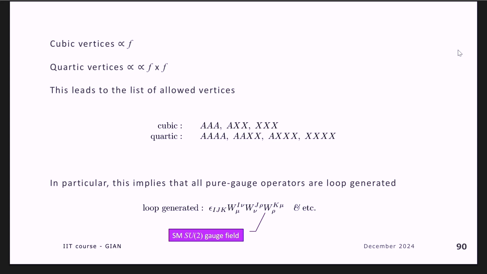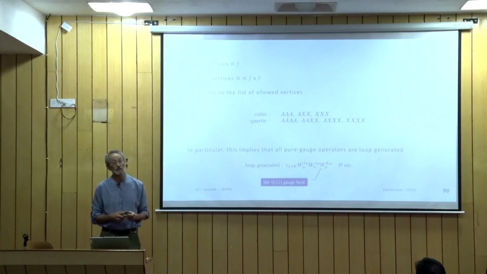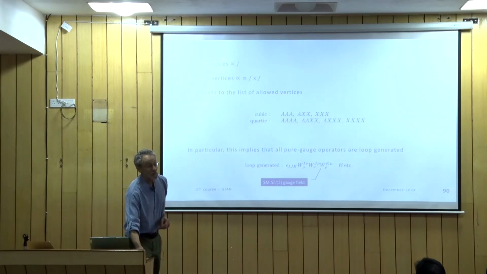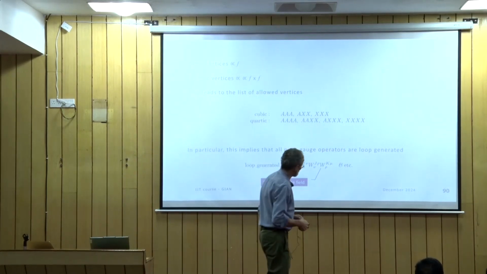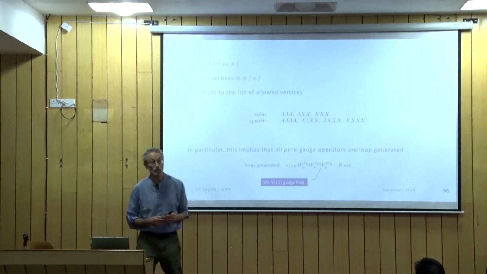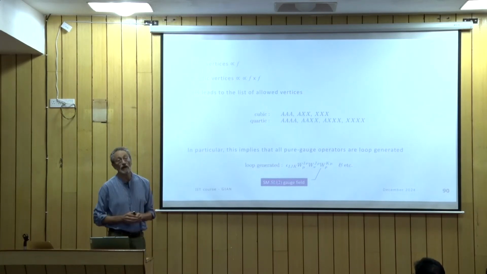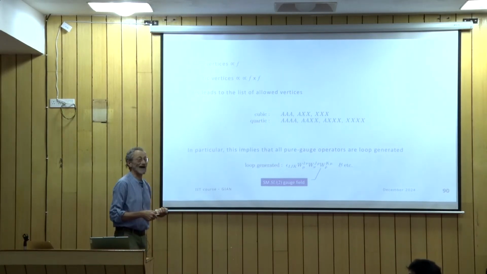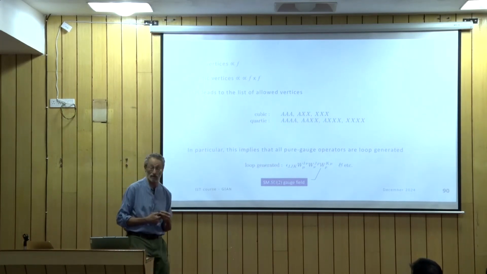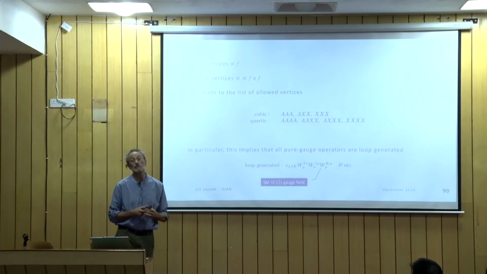So it's powerful that the experimentalists can do this measurement. It's fantastic, but the physical implications from them are not particularly exciting because they chose an operator that is necessarily loop suppressed. And that is why this provides, I think, an example of why calculating or finding out which operators are loop generated and which ones may not has some use.